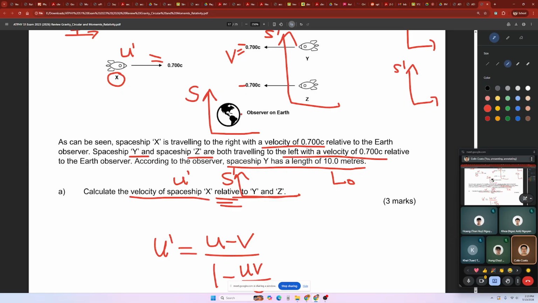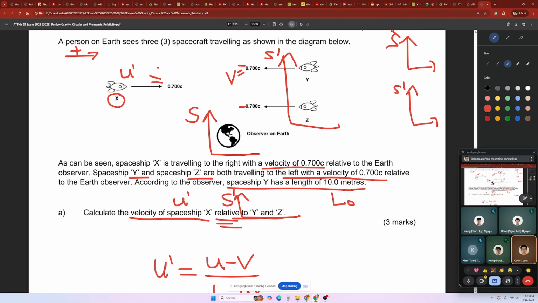U is the, we want to find this one. So this is U because this is the moving object relative to the stationary frame of reference. So we know this one.